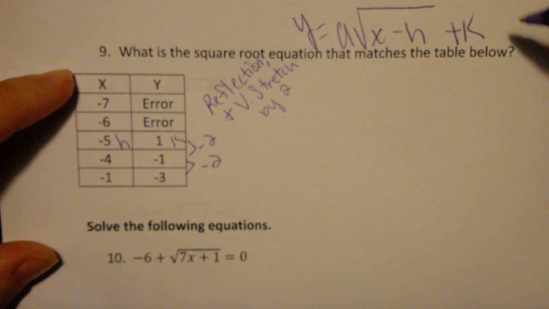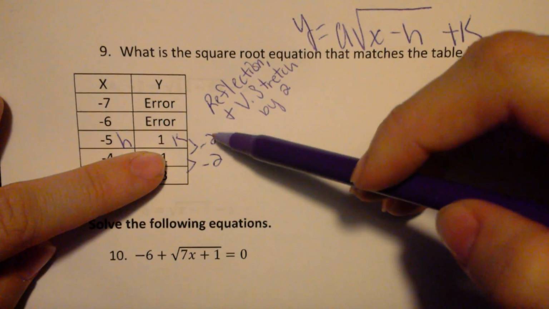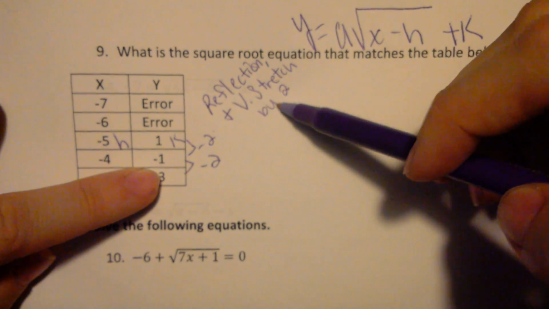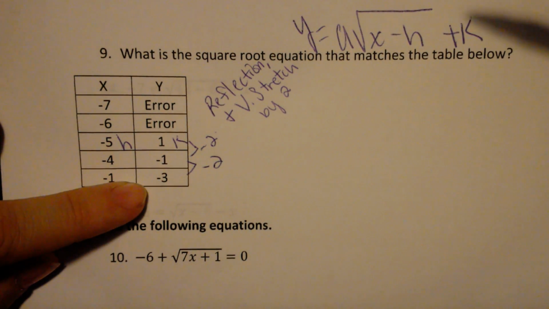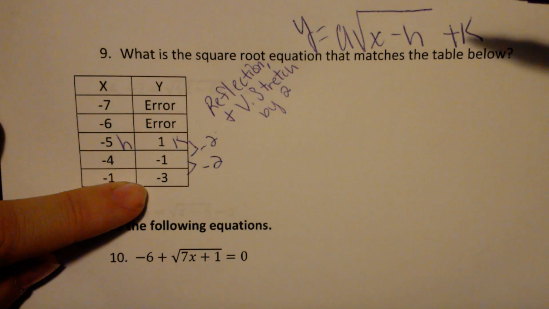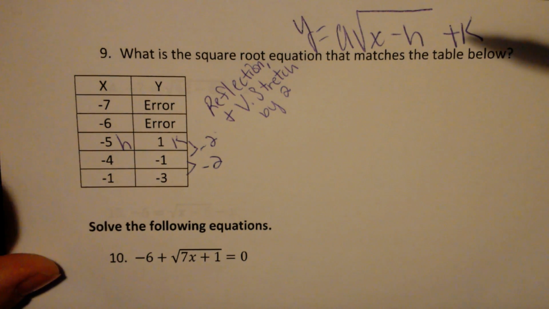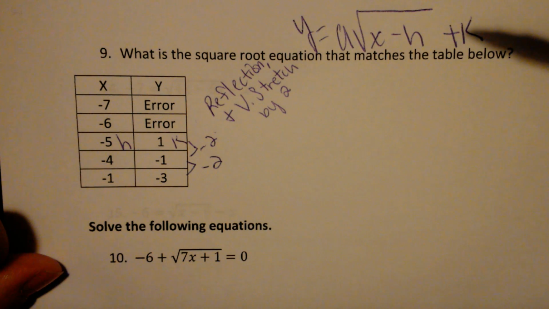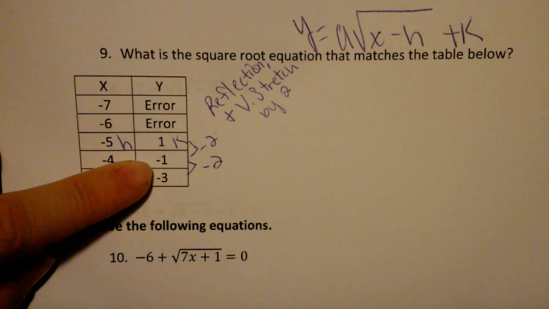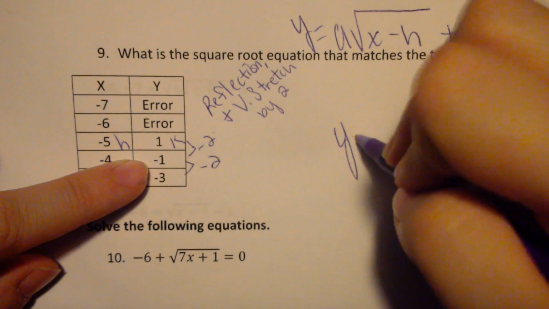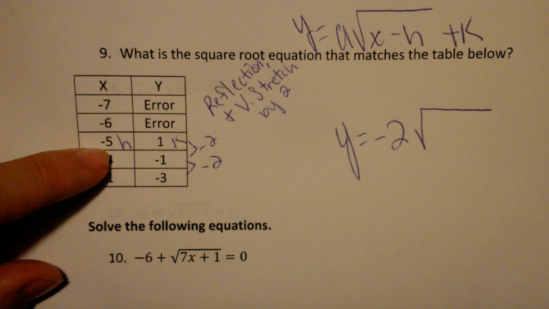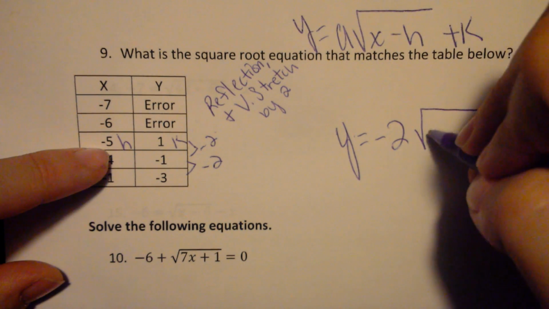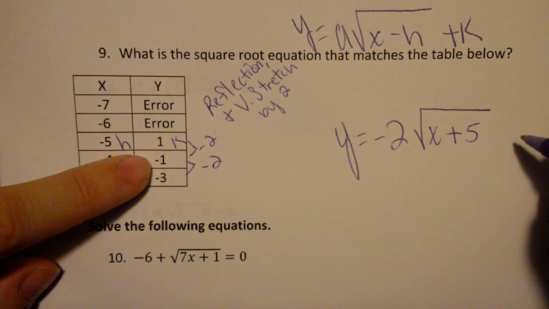I didn't ask you to find the transformations, but I want you to be able to connect the transformations with a table, not just a graph and an equation. So I have y equals -2 times the square root of x plus 5 plus 1.